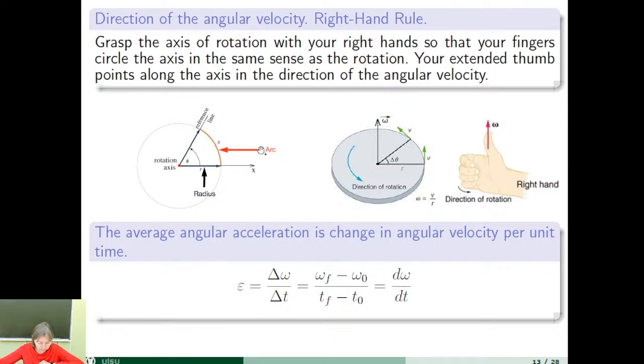S is the length of the circular arc that extends from the x-axis to the reference line, and R is the radius of the circle.